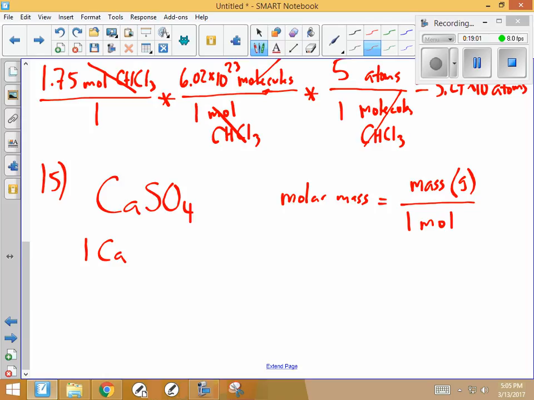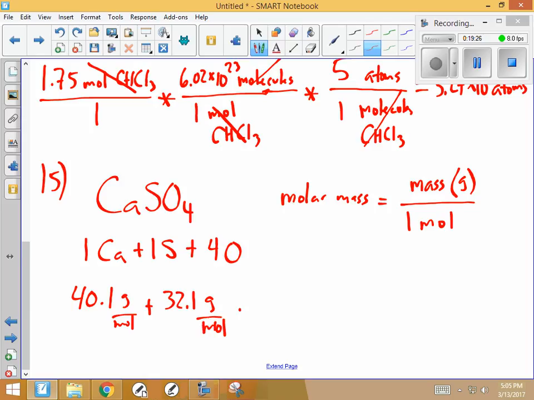There we go. 1 calcium plus 1 sulfur plus 4 oxygens. Calcium has an atomic mass of 40.1 grams per mole. Sulfur has an atomic mass of 32.1 grams per mole. And 4 oxygens have an atomic mass of 4 times 16 grams per mole.